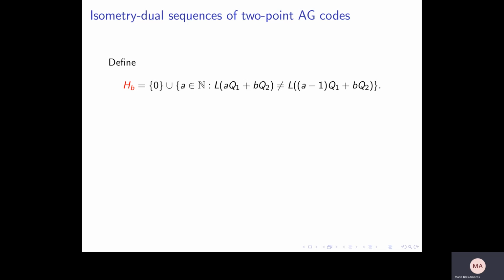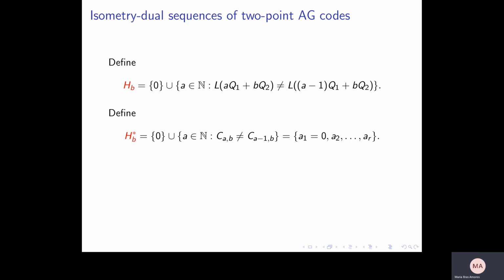Now, we define the set HB. This parallels the definition that we gave of the Weierstrass semigroup. This set HB contains 0 together with all non-negative integers A, such that L of A Q1 plus B Q2 is different than L of A minus 1 Q1 plus B Q2.